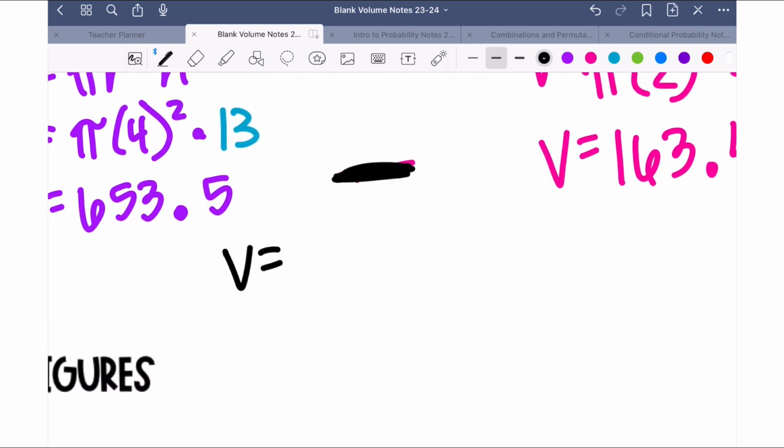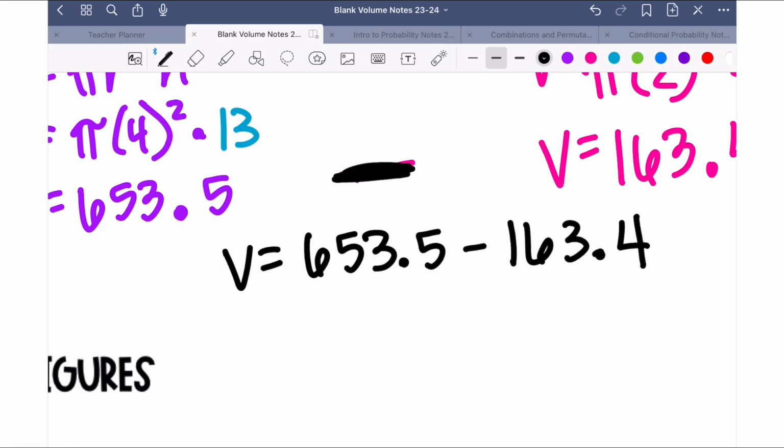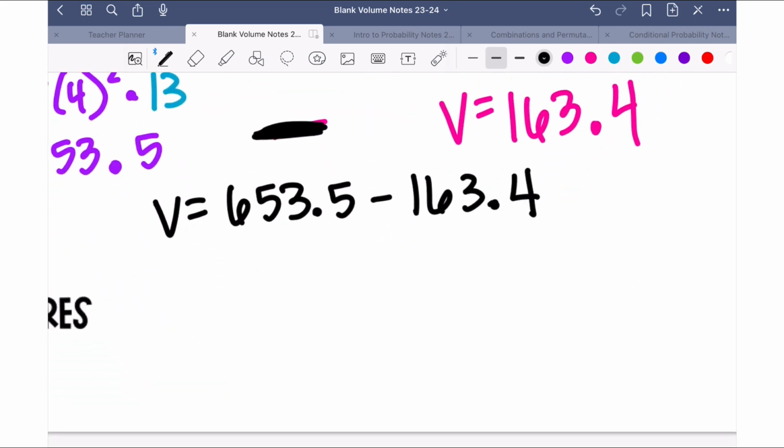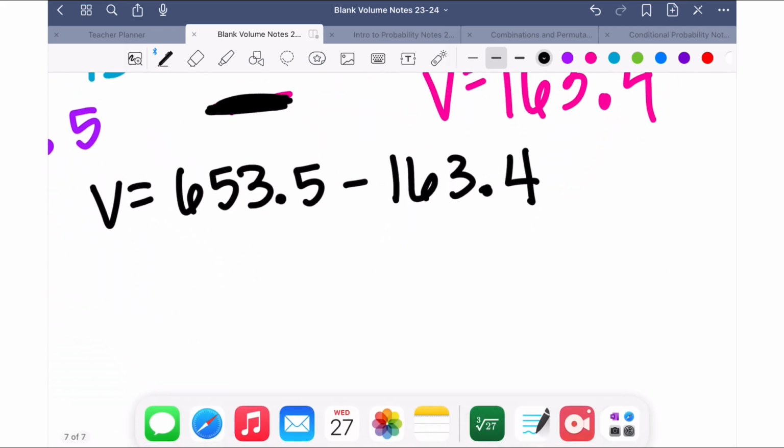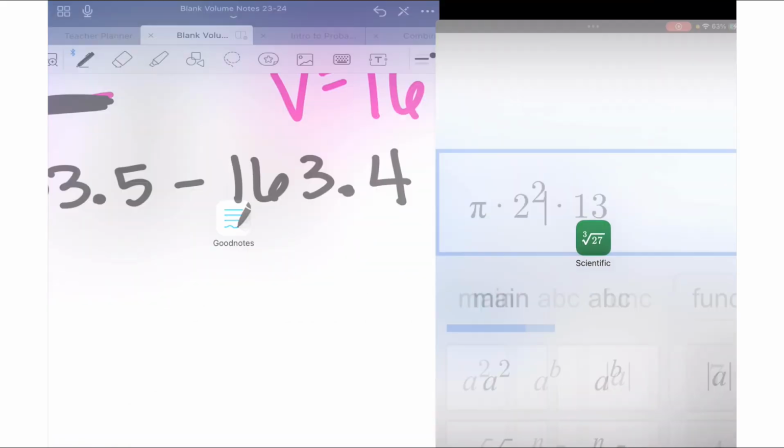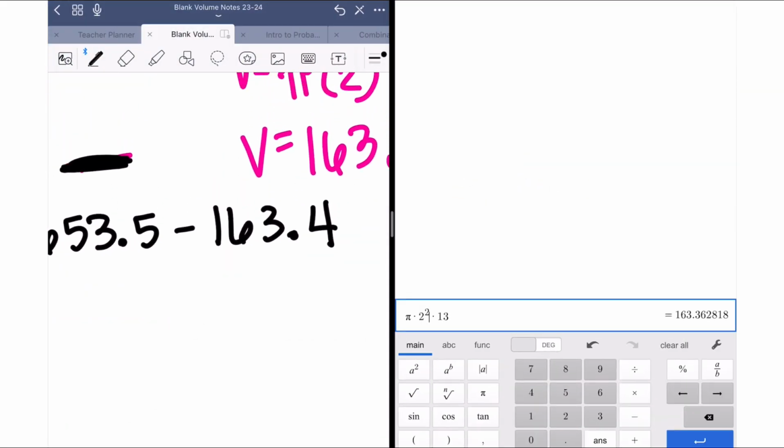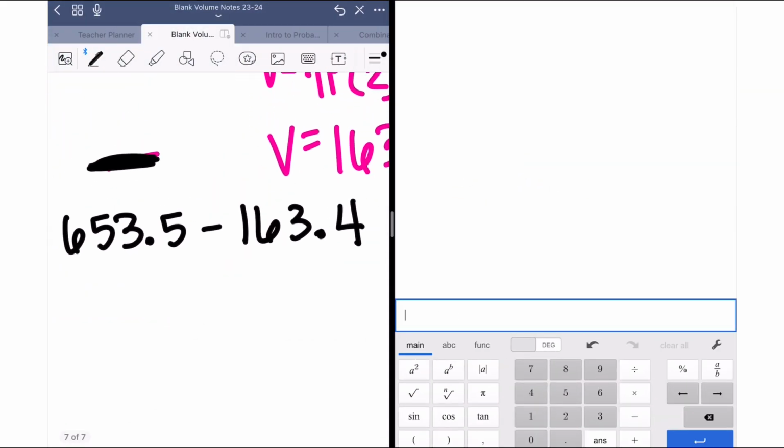So let's write it down. Volume equals 653.5 minus 163.4. And that is what I'm going to go type in Desmos. 653.5 minus 163.4.